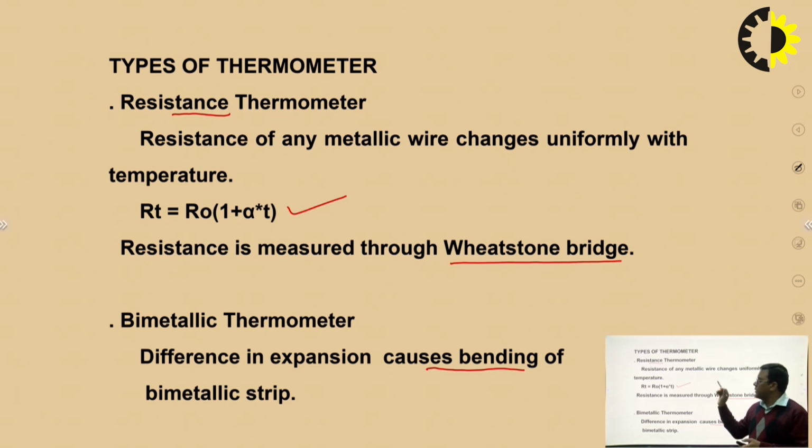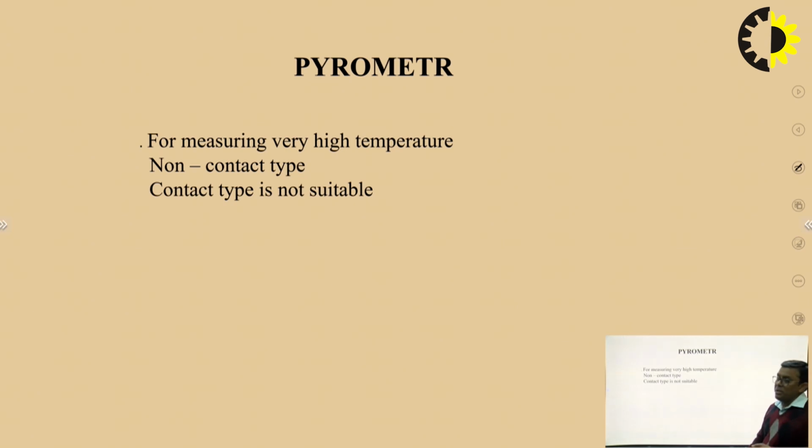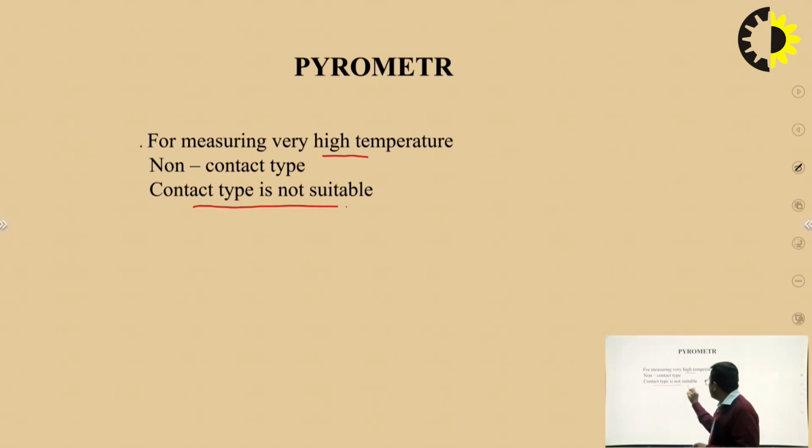So I have focused on the different properties which we can use for the purpose of measuring the temperature. Now I am coming to the main point, the question which comes in the exam, that is the optical pyrometer. What is a pyrometer and for what purpose is it used? It is used for measuring very high temperature where contact type thermometers are not suitable.